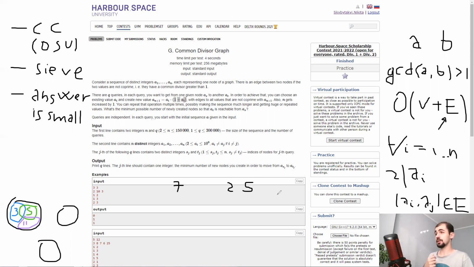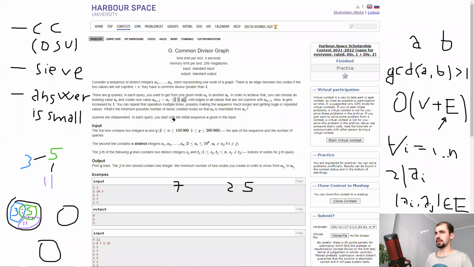Instead of connecting vertices, we want to connect two prime divisors. Also, instead of having a vertex for every element, elements are kind of useless. So we instead have a vertex for each prime divisor. Then we connect them. Those numbers that are divisible by both 3 and 5 induce an edge between all numbers divisible by 3 and all numbers divisible by 5. Also those numbers induce this edge.